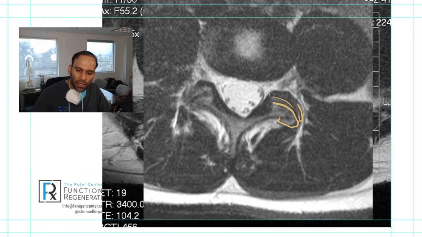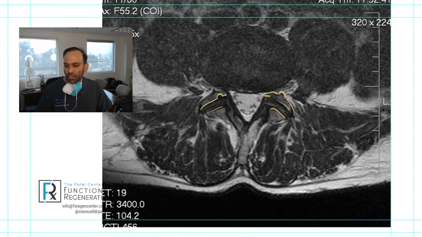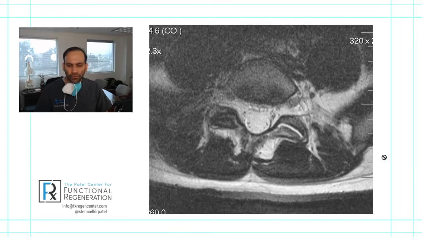So this part of it is relatively smooth for all intents and purposes, but this part you're starting to get some bulkiness of the facet joint. And although this isn't quite a symmetric picture here, you're starting to see that this facet joint is actually looking a little bit larger than this one, right? So there's some asymmetry going on in there that's causing some increased pressure onto one side versus the other.